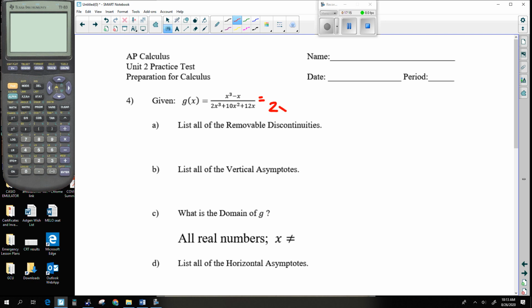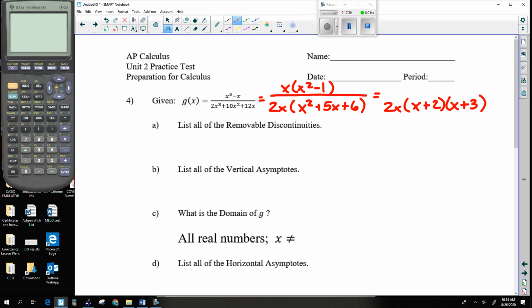So I see that I can GCF out of 2x, and so this will be a 2x, x plus 2, x plus 3, with an x plus 1, x minus 1.